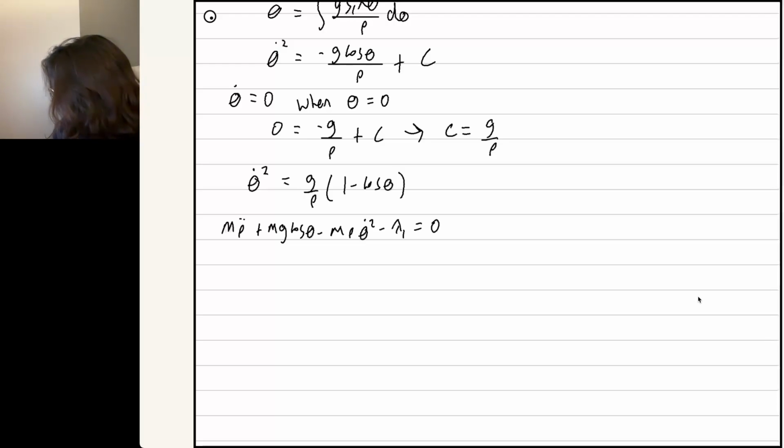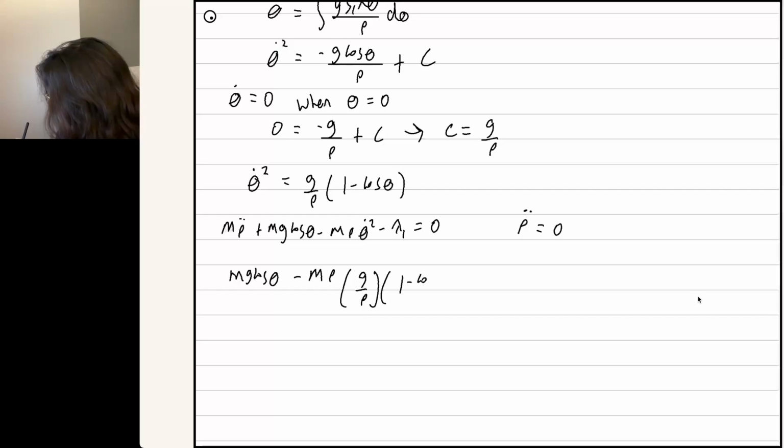So it looks like we have a rho double dot term, which will go away because rho is a constant. So you'll have the first term, mg cosine theta minus m rho times g over rho times 1 minus cosine theta is equal to lambda 1.